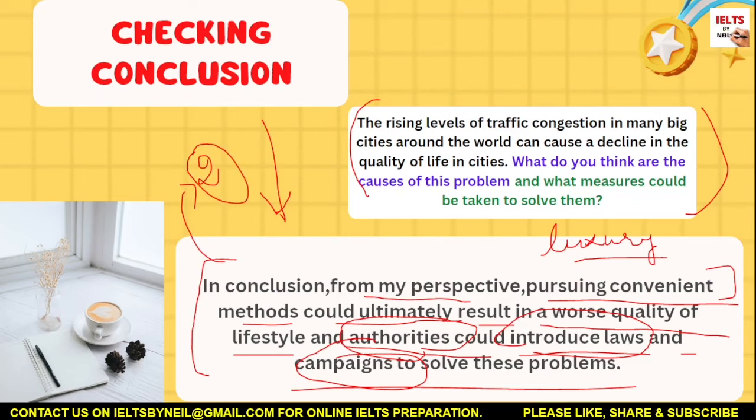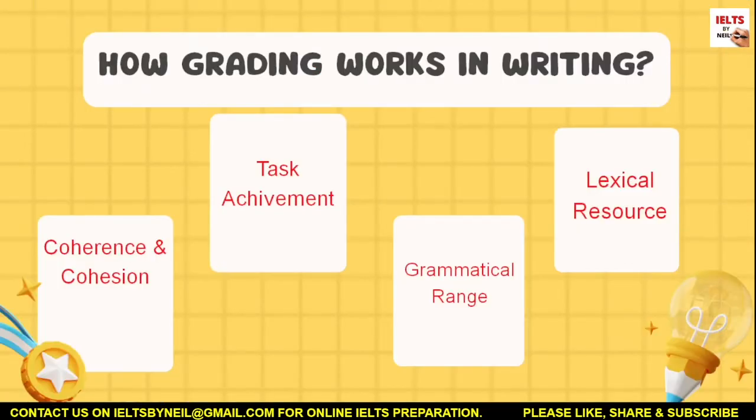Now let's go to the grading parameters. So now let's have a look at the coherence and cohesion. In coherence and cohesion, the structure of the essay was good, and it included the introduction, body paragraphs, and conclusions. So it was really good to see that, and it supported main points with explanations.